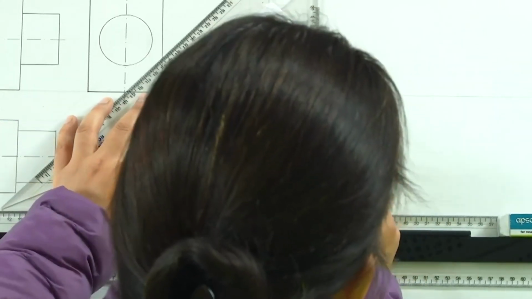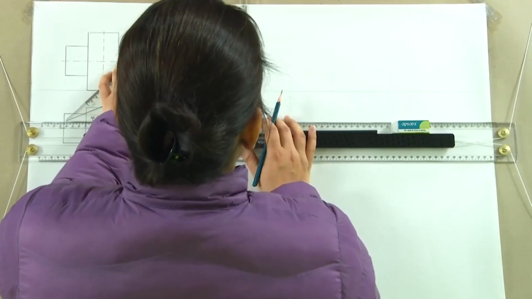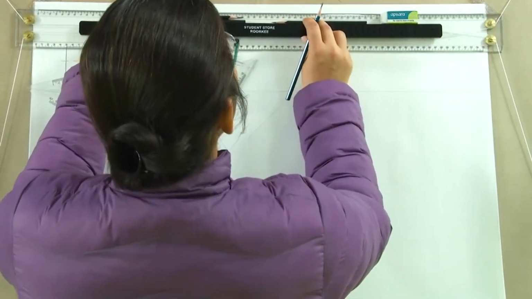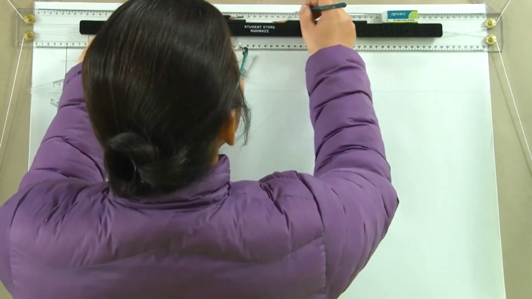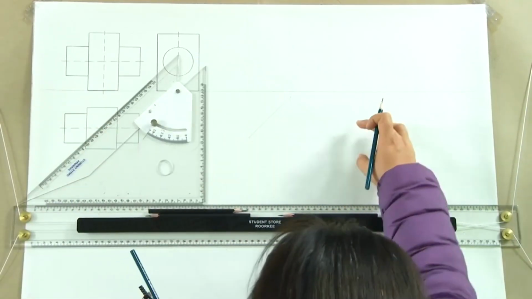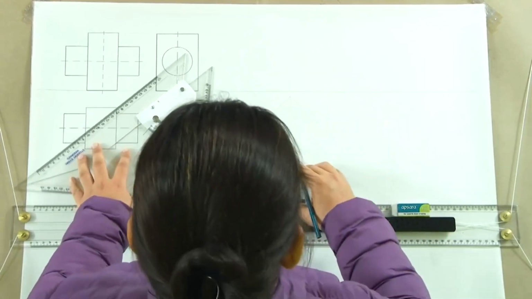So, the front view. So, now we are taking it up. Taking the height, say 14 centimeters here. So, what we are taking is that this axis of the cylinder is parallel to VP and it is inclined to HP.